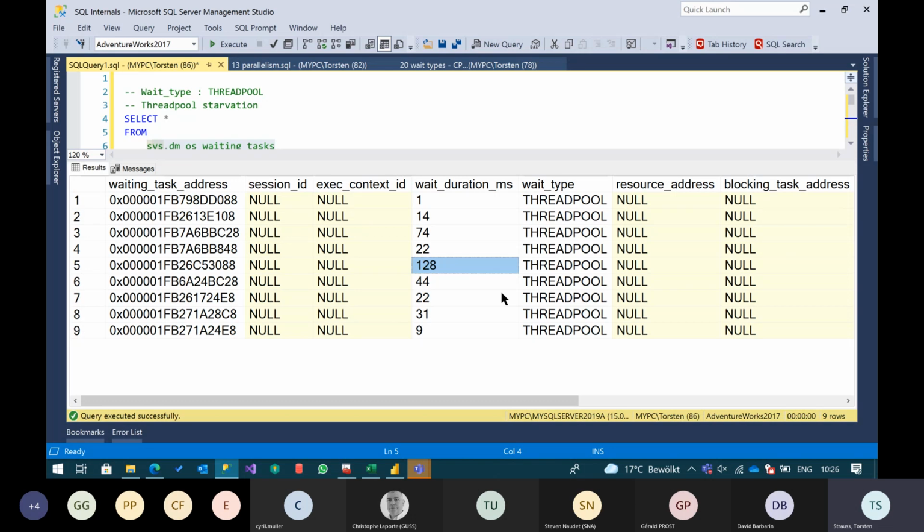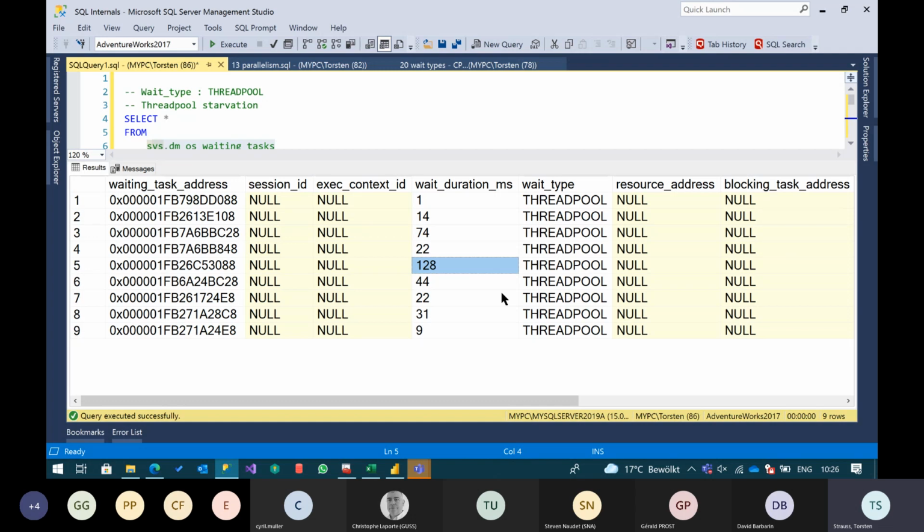And now you need to figure out why and for which resource this specific query is waiting. You can do this with DMOS waiting task. You have DMOS wait stats. You have Query Store available. You have a lot of options to figure out why this query is running that slow.